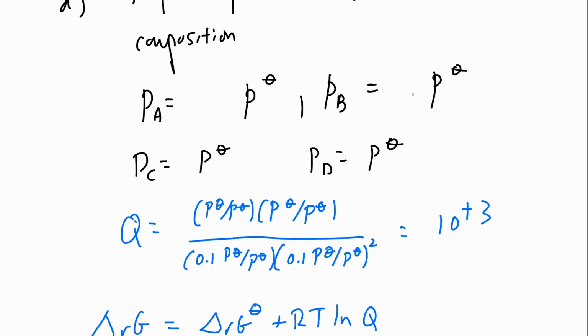Let's keep these. My apologies. This is what happens, right? Let's make P sub C 0.01 P naught. Should be up higher. And P sub D, 0.1.